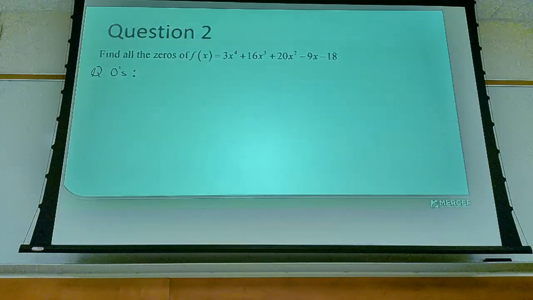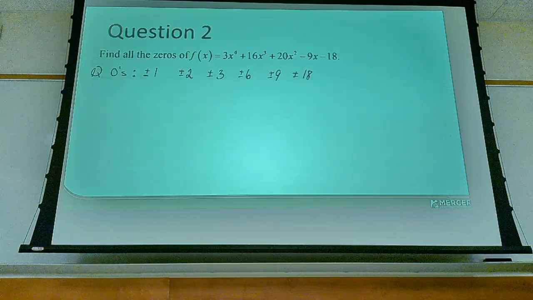Remember, it's always positive or negative. That takes care of factors of 18 divided by 1.